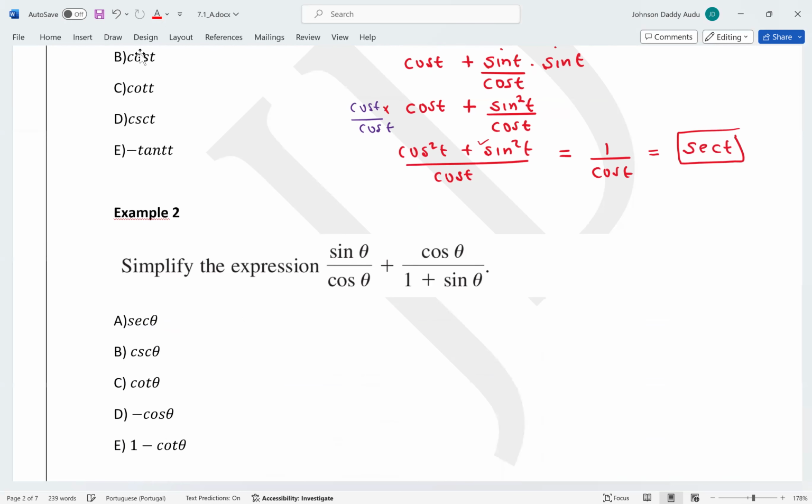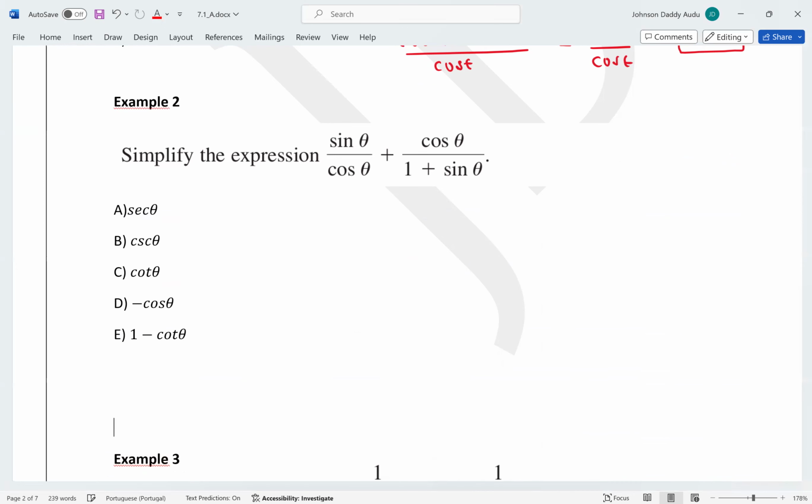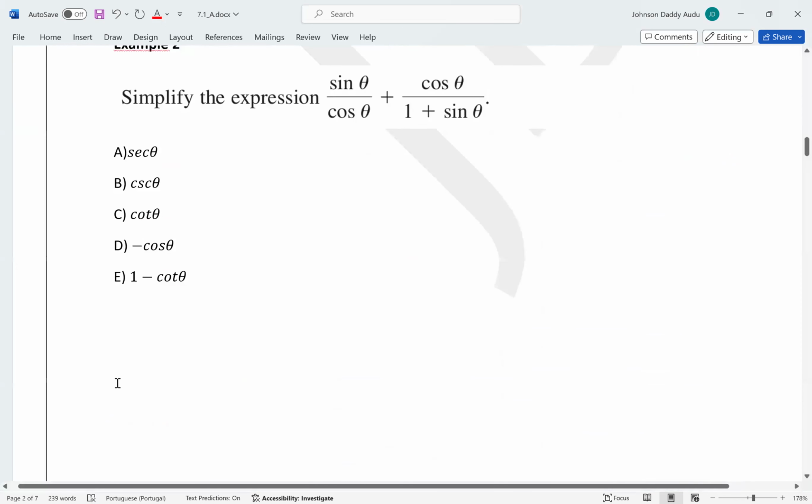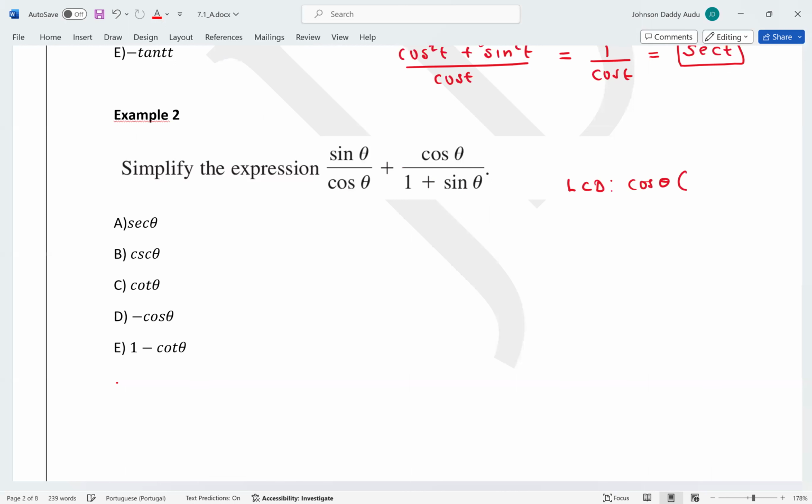All right, now for number 2, if you look at number 2, we can deal with the terms separately, or we can try to make the LCD. If you look at it now, what would be the LCD? It's just cosine theta, 1 plus sine theta.